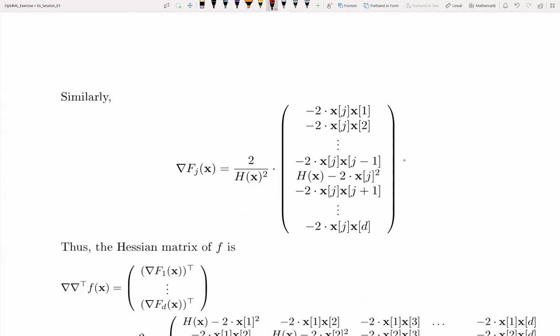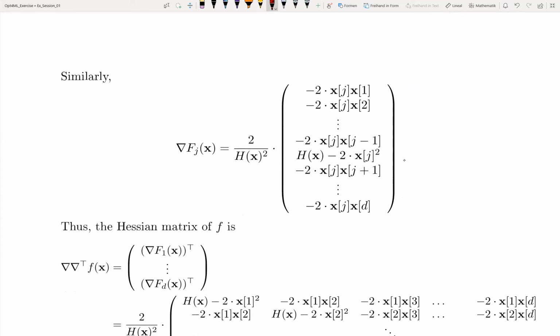Okay, I used j, but now substitute i with j. And what we end up with here is a similar structure where we have in the jth component, so this is the jth component, and in the other components we have a similar structure as before.